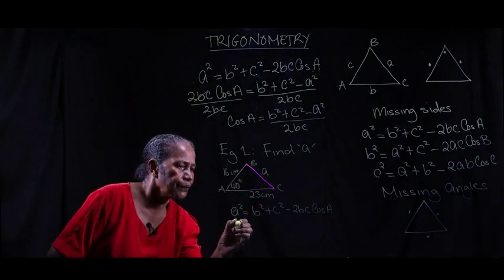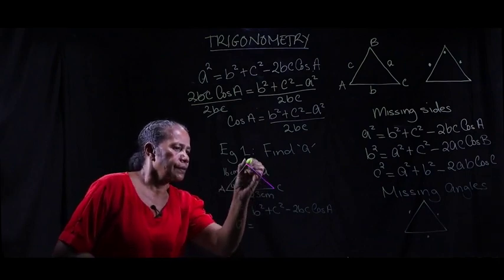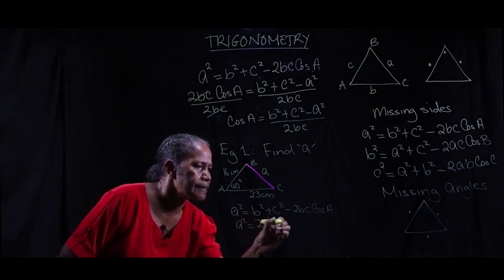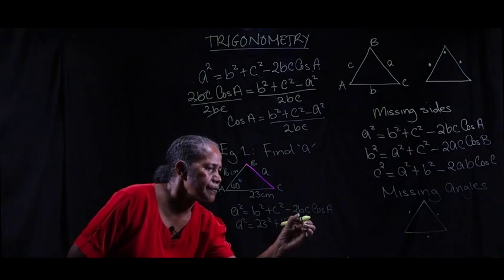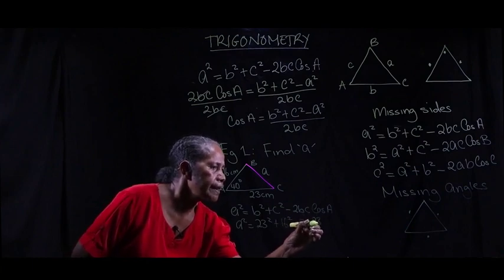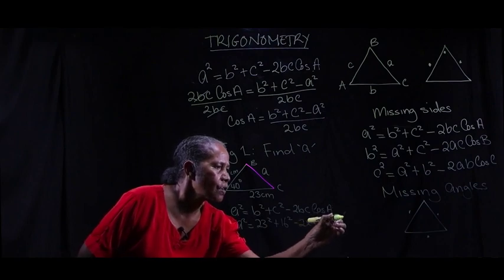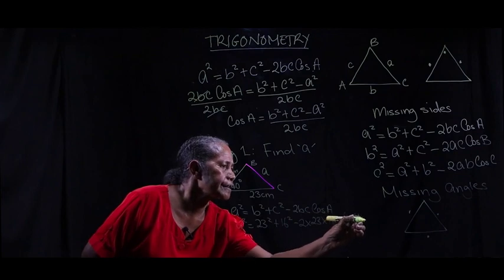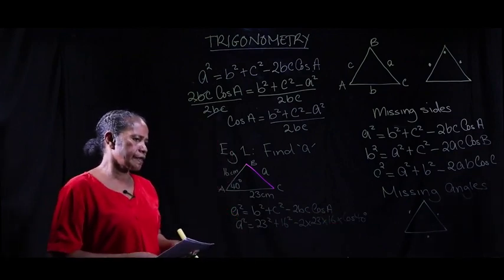A squared is equal to 23 squared plus 16 squared minus 2 times 23 times 16 times cos 40 degrees.